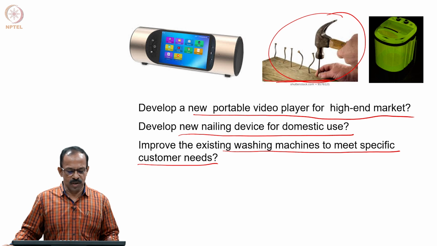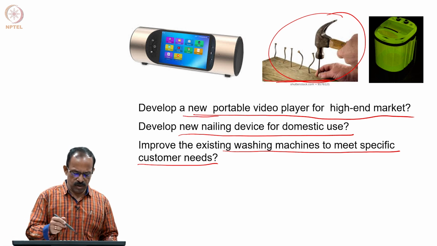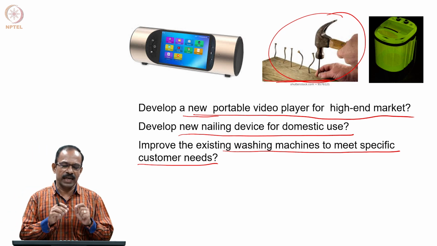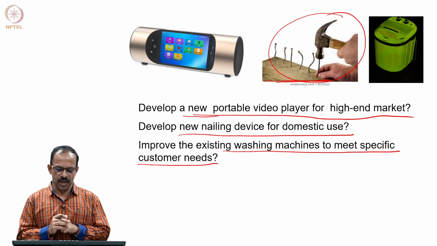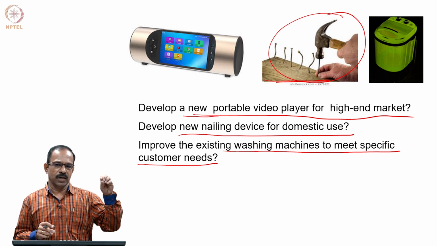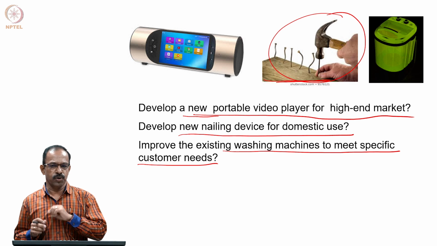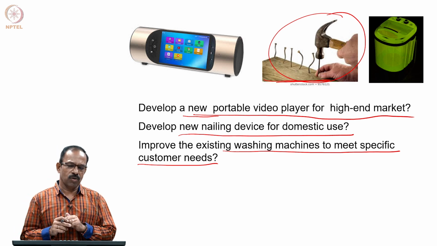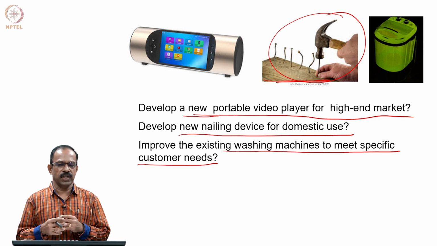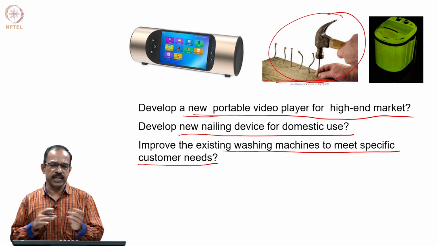And then, if you want to develop this, you have to go through all these steps and then identify the critical areas where you can contribute in the design. Because when you do a functional decomposition, you identify the product architecture, you identify the modules, and you are not going to change everything in the product. When you are bringing a new product, it is not that everything is new or completely different from existing.